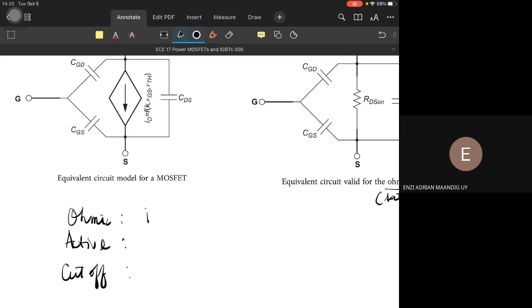For the ohmic region, ID is equal to K times 2 times VGS minus VTH times VDS minus VDS squared.